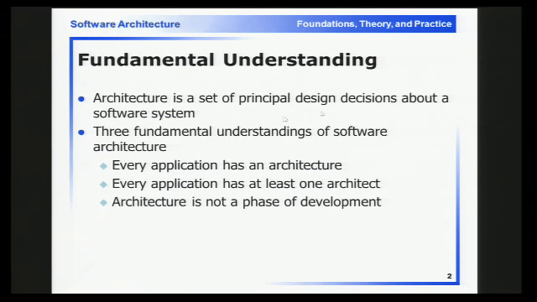And every application has at least one architect who is leading the system development. But architecture is by no means only a phase of the development. This is an easy misconception that is commonly held by developers.